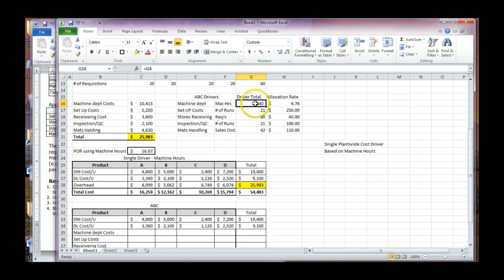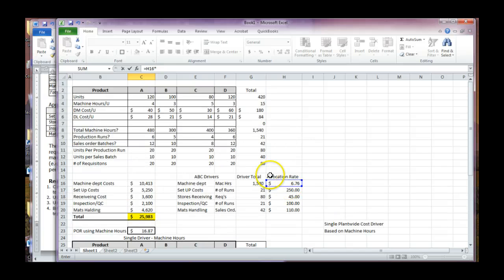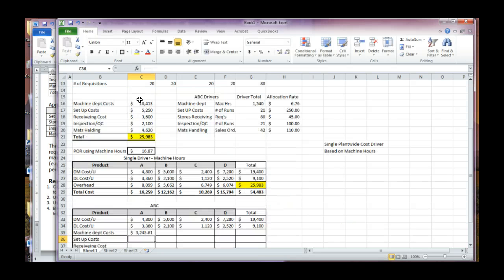We had 1546, which was a 6.76 allocation rate. So we know we're allocating $6.76 for every machine hour run for product A. Got that?